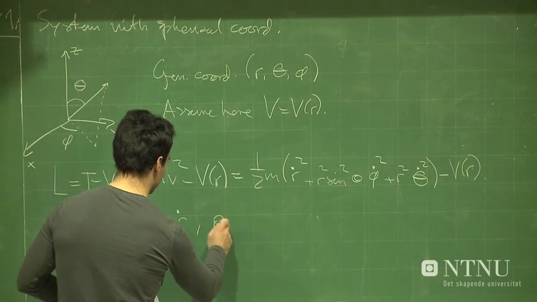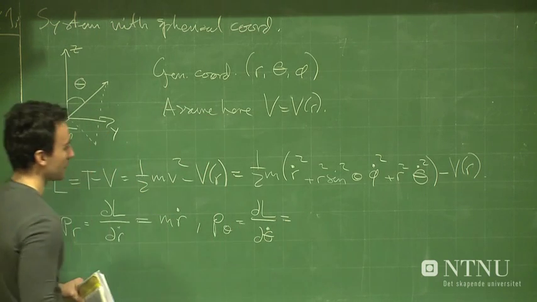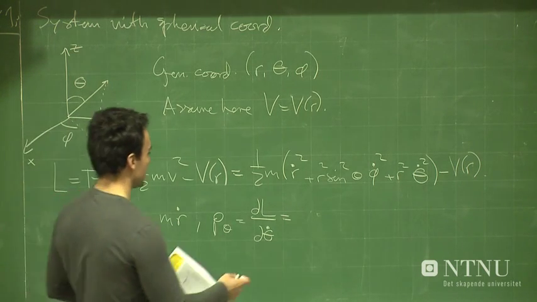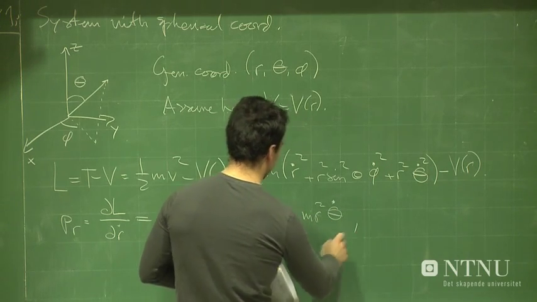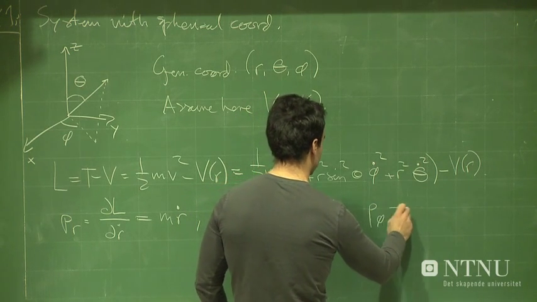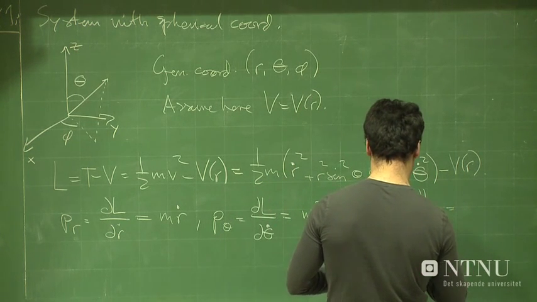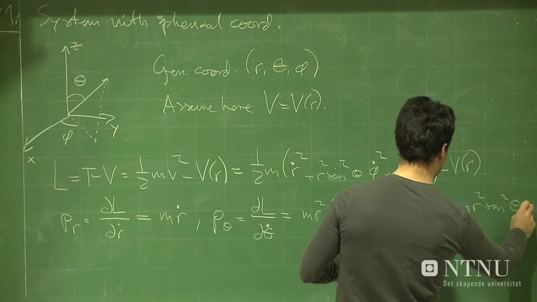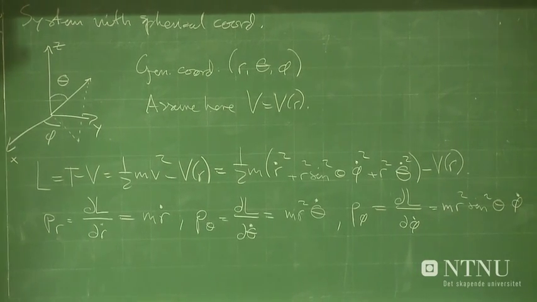Next, the canonical momentum related to theta is given like this. And finally, we have the canonical momentum associated with phi.